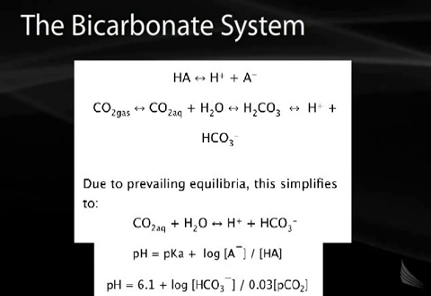The 0.03 is to calculate the aqueous form of carbon dioxide. The equation itself is not important to remember for the purposes of the Step 1 exam, but the concept is extremely important. This is how pH can be predicted based on knowledge of the concentrations of any of these components.